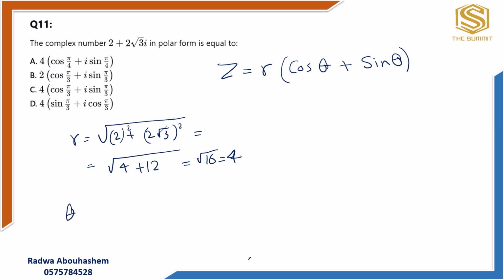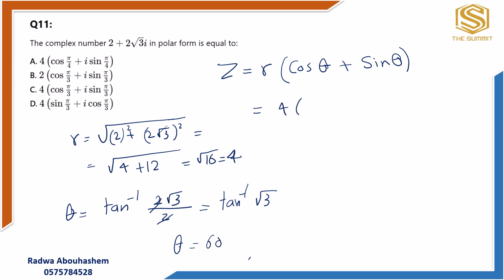Now let's get the theta. It's the inverse of tan for 2 root 3 over 2. The 2s cancel, so it would be root 3, right? So I'm getting the inverse of tan for root 3. So theta would be 60. Good. Now let's put it in the form.